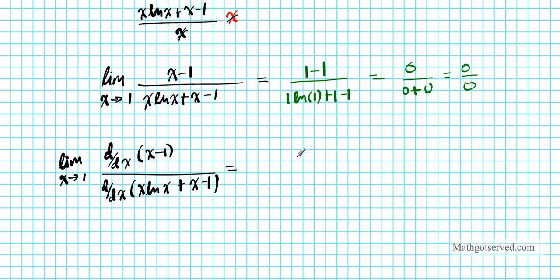Okay? If I differentiate the top, I'm going to end up with 1. Okay, so let's put the limit there. The limit as x approaches 1. The numerator is just 1. 1 over, and in the denominator, I'll apply the product rule to this right here.